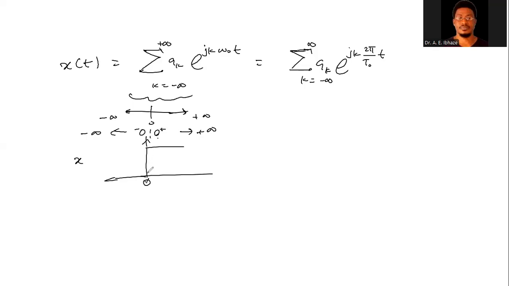This value progresses from negative infinity up to this point, and then at this point it takes on two values, and then progresses to positive infinity. So at this point, the signal is taking on two values at point 0.